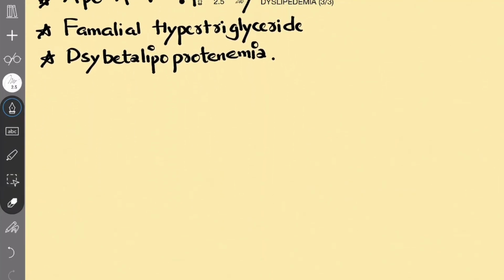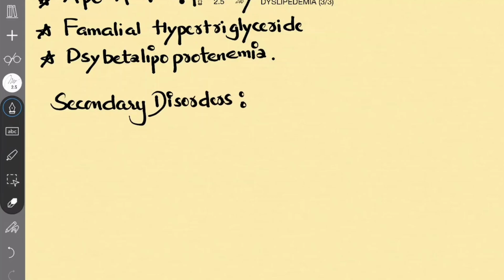Next, the secondary causes. Secondary disorders include diabetes mellitus, one of the major problems, obesity.